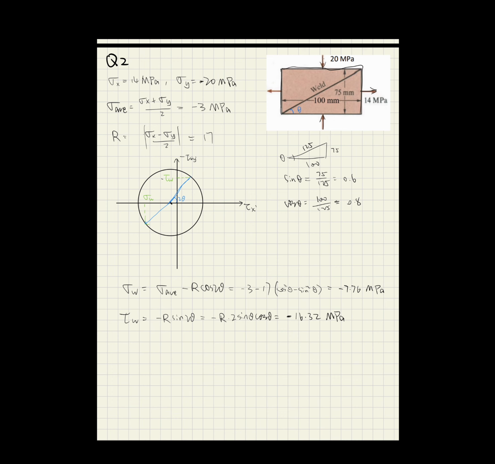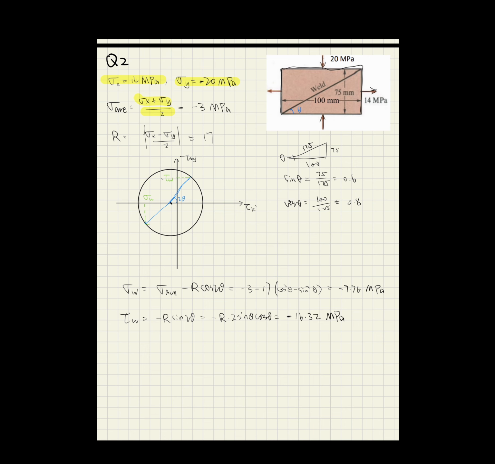Remember, compression stress is minus. Then, of course, the first thing we should do is to plot the Mohr circle. To plot the Mohr circle, we need the center and the radius. The center can be calculated by this equation: the summation divided by 2, which is minus 3, and the radius is 17.